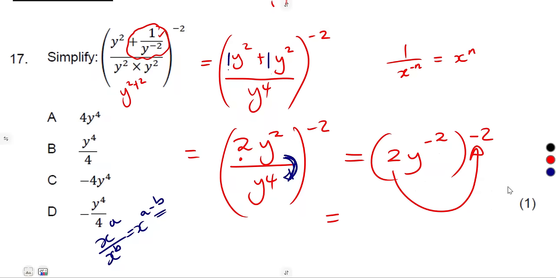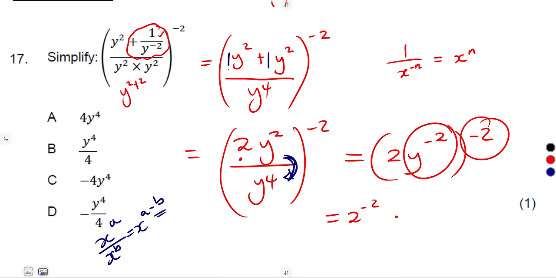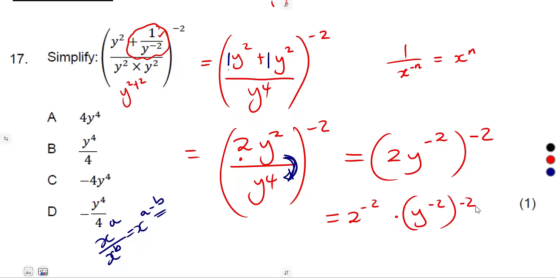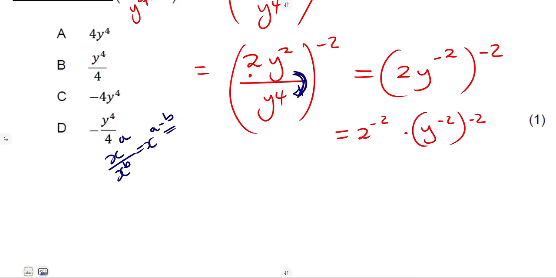So that's 2 to the exponent of what? -2 times y to the exponent of -2 to the exponent of -2. So it's to the exponent of -2, but don't forget this one, -2 again. So that's it. Guys, we know 2 to the exponent of -2 is 1 over 4, guys. 1 over 2 squared, which is 1 over 4.